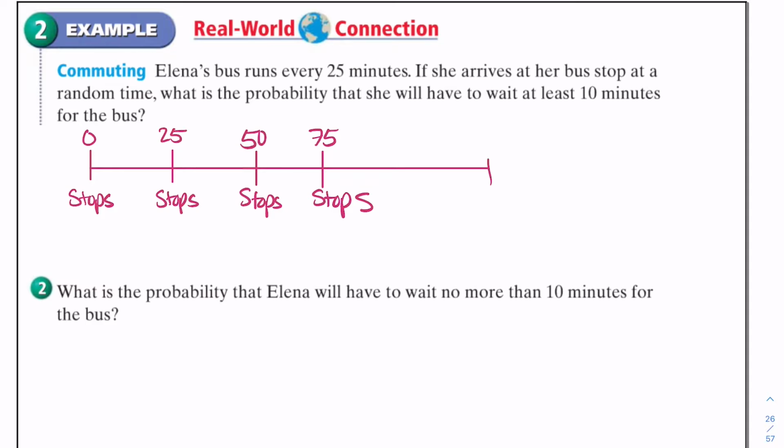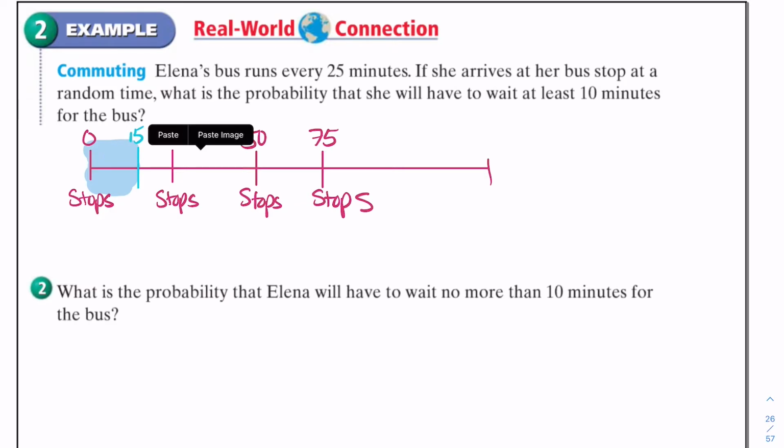Okay, then it says, what is the probability that she will have to wait at least 10 minutes for the bus? Okay, well, if it stops at minute 25 and she gets there at minute 10, minute 15, then what's the probability that she has to wait at least 10 minutes? So this is 10 total minutes. What I'm looking for is anything shaded here, really, is the ability of her having to wait.